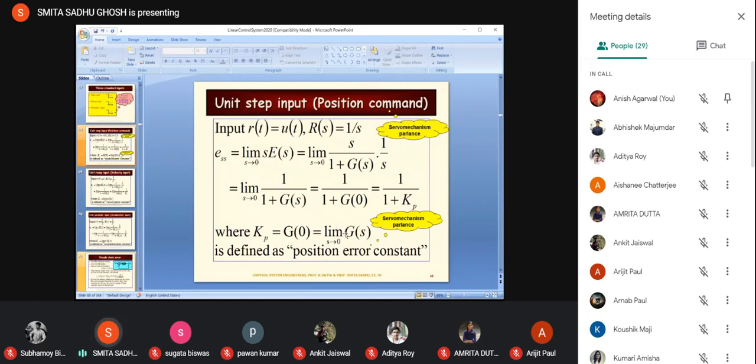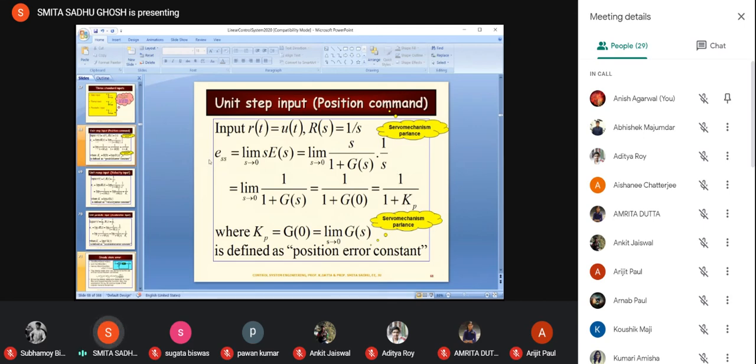So if we are given the forward path transfer function of a system with unity negative feedback, and a unit step input has been applied, and you have to analyze the steady state error, you first find the position error constant Kp, which is the limit of G(s) as s tends to 0. Once Kp has been found, 1 by 1 plus Kp is going to give you the ESS.